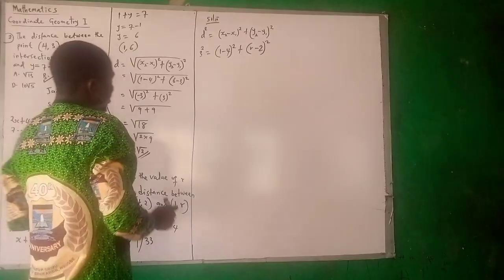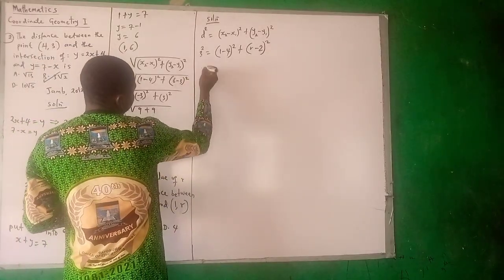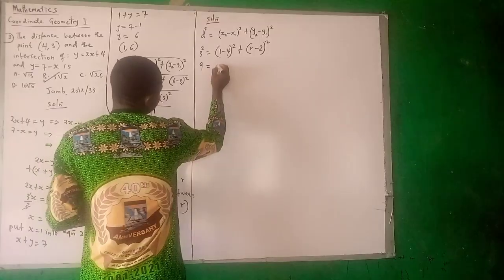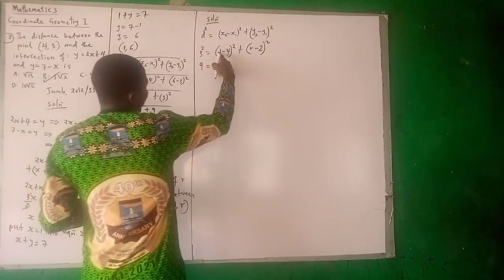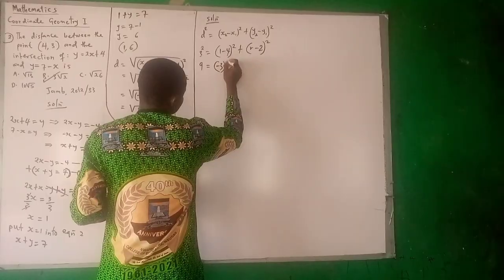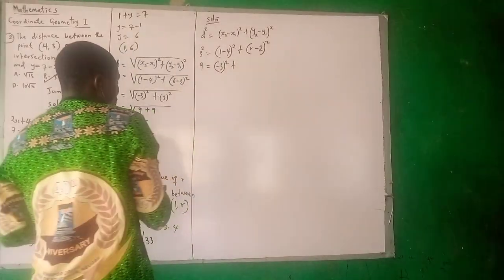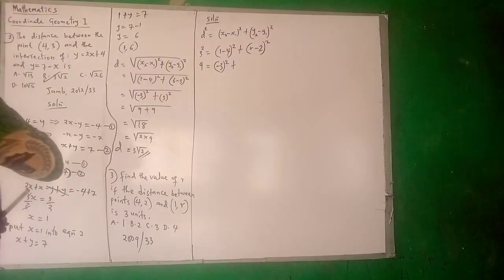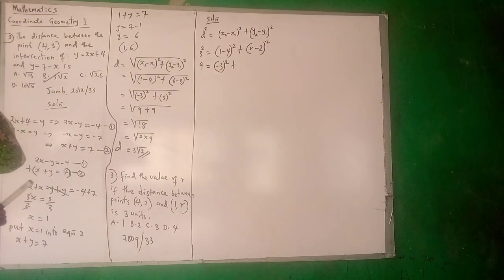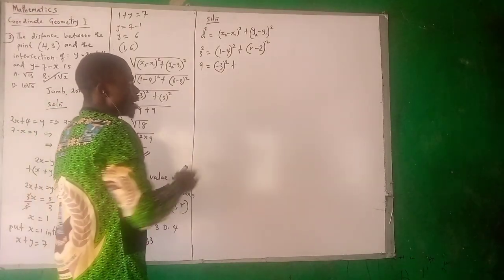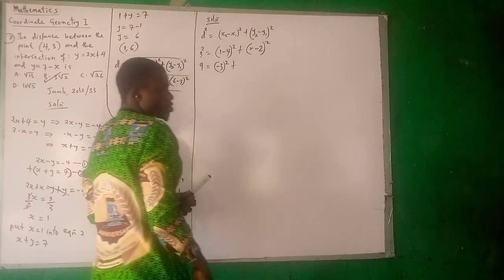Are you following me? Yes. Now 3 squared is 9, equal to 1 minus 4, which is minus 3, squared, plus (r minus 2) squared. For this type, you expand, and I hope you know how to expand it.